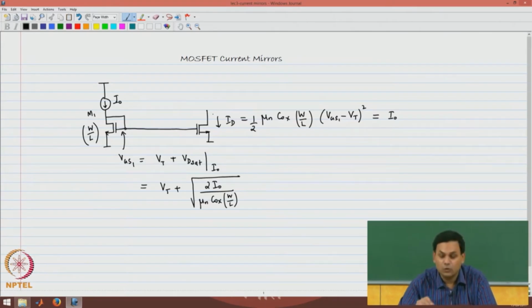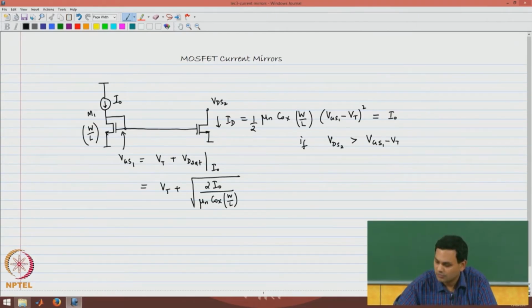This assumes that the drain source voltage for the second transistor is large enough such that it is in saturation. So, this assumption is made. The transistor M1 is always in saturation because the drain voltage is equal to the gate source voltage. So, this was the simple current mirror we saw last time.